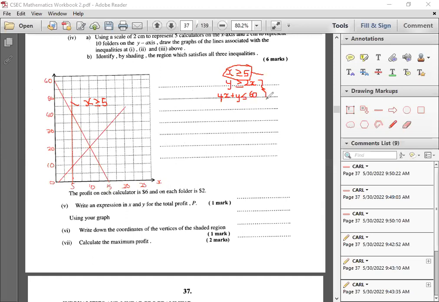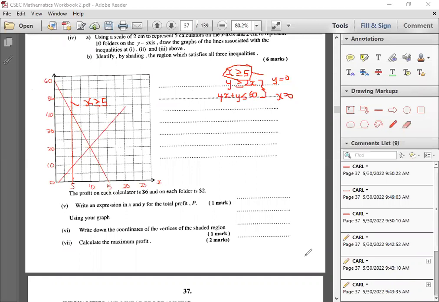For the other two graphs, you need to find when y equals 0, what is x? And when x equals 0, what is y? Bear that in mind for these two graphs.